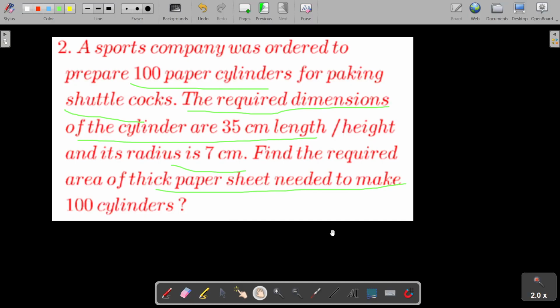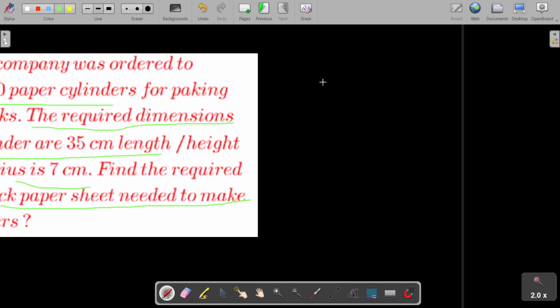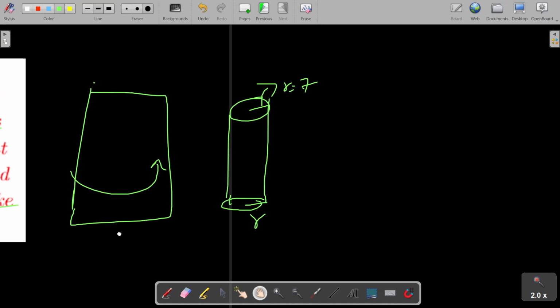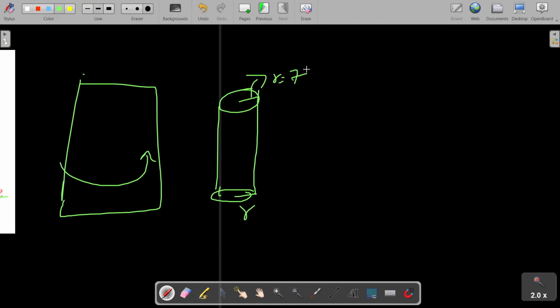They told us that this is a thick paper sheet. We curved that and prepared a cylinder which has a radius of 7 centimeters and a height of 35 centimeters.